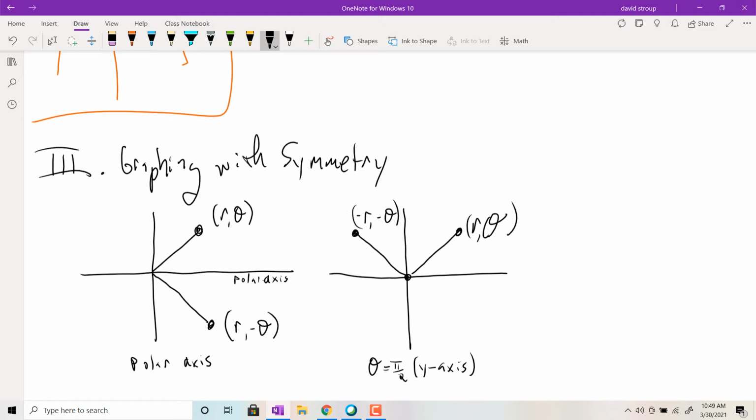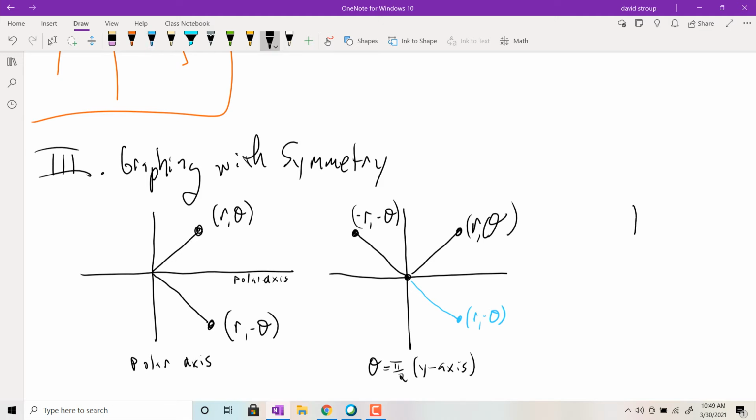Okay, so if you took the angle theta and then made it negative, you would end up here. So this point would be r comma negative theta. And then if you make the r value negative, you end up on the other side, and there's the negative r, negative theta value that we're talking about.